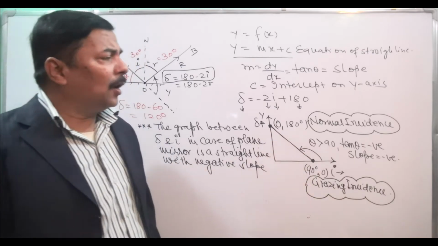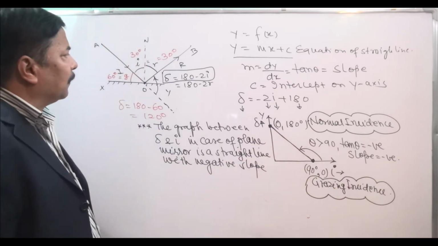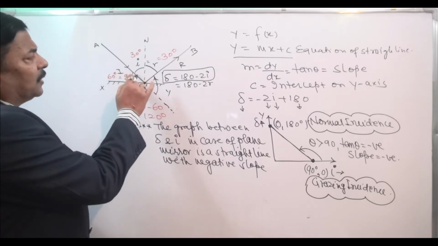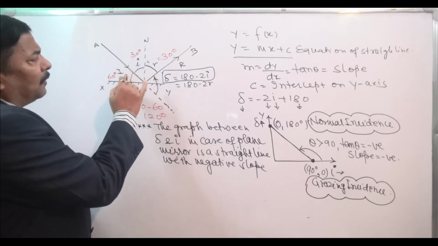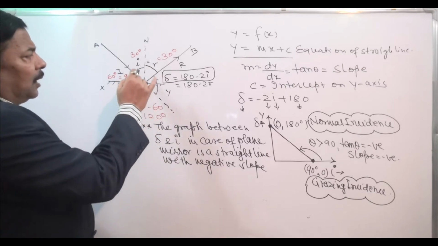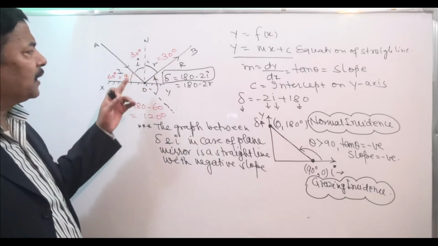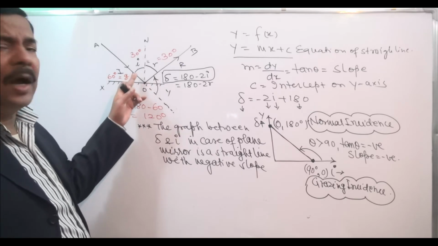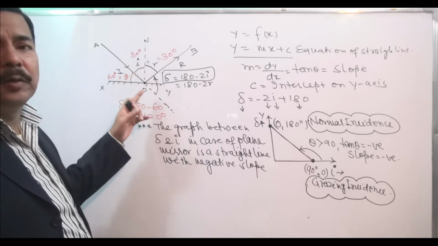Here you should also think about one thing: the angle of incidence always has a value between 0 and 90, including 0 and including 90.